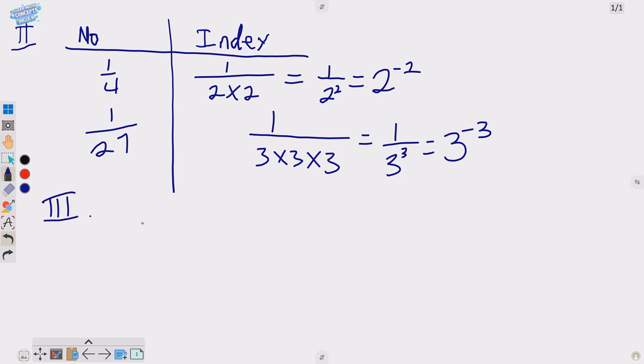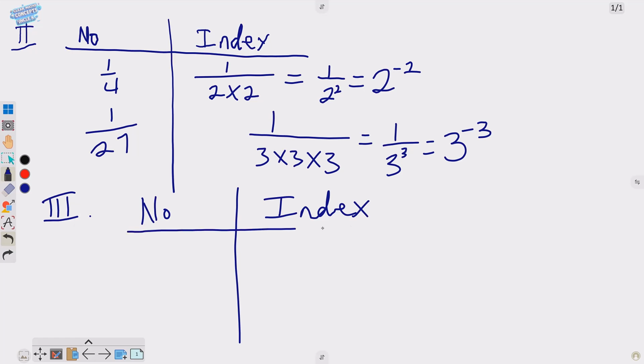So you see the third category, you have number and the index. If you have 0.25, in this case you take the decimal to fraction first. So this will be 25 over 100.